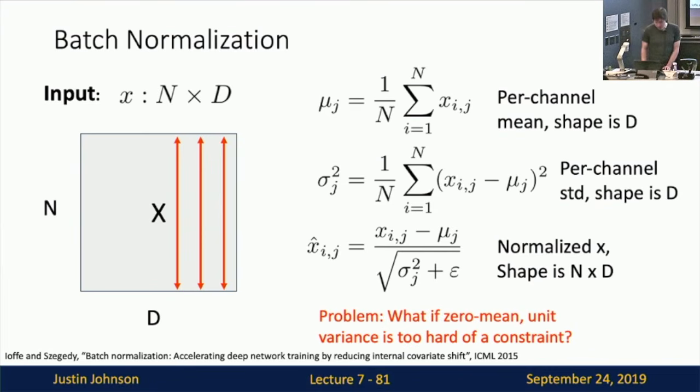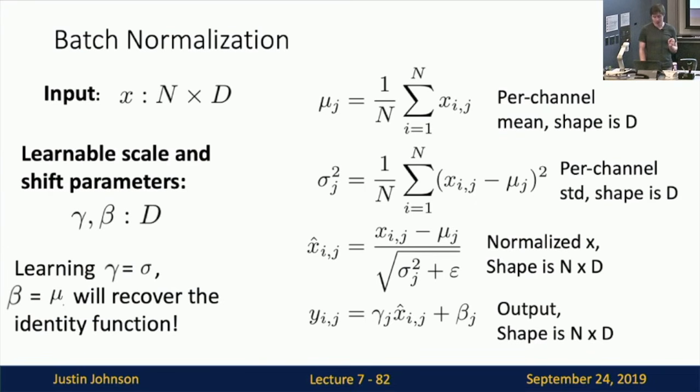So now there's a slight problem. We said we wanted to make our inputs zero mean and unit variance, and maybe that would be a good thing for optimization, but that's actually quite a stiff constraint to place on the network, to force all of these layers to always fit this zero mean unit variance constraint. So in practice, it's common to add an additional operation after this normalization, where we add learnable scale and shift parameters, gamma and beta, into the network, where each of these will now be vectors of dimension d.